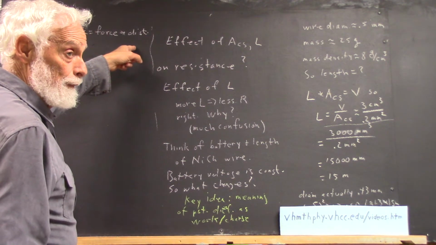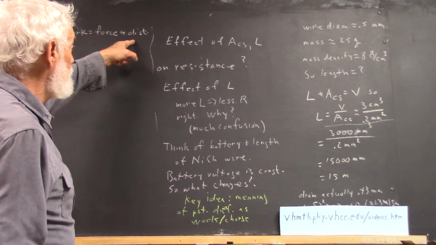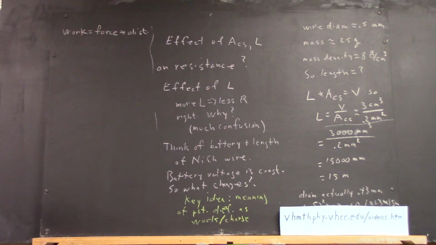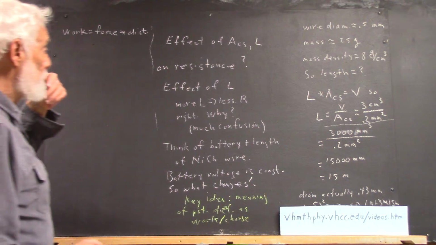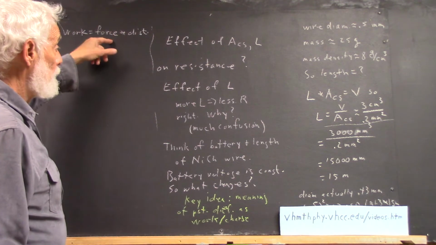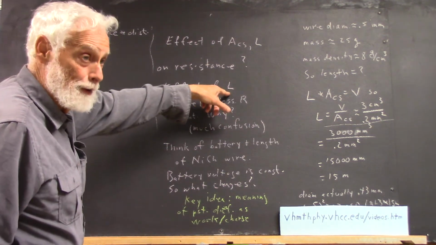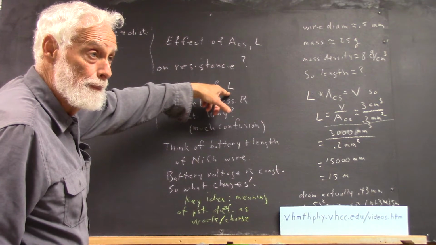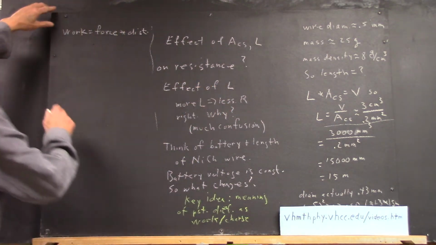So what does distance have to do with what we're trying to figure out? Well, the work per unit charge is going to be the force per unit charge times the distance, which is the length, right?